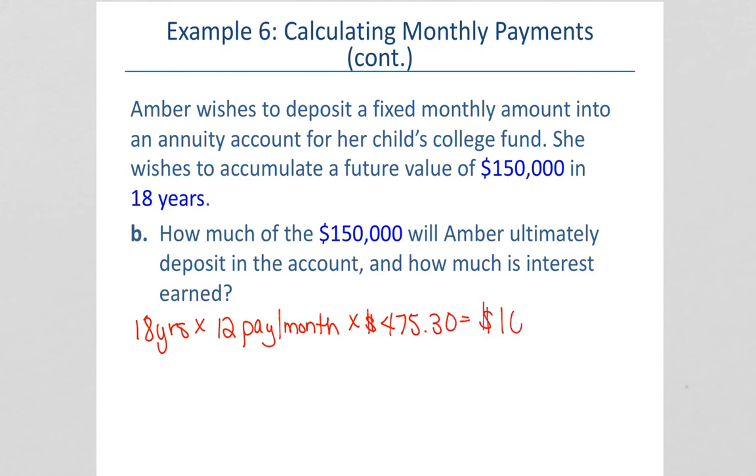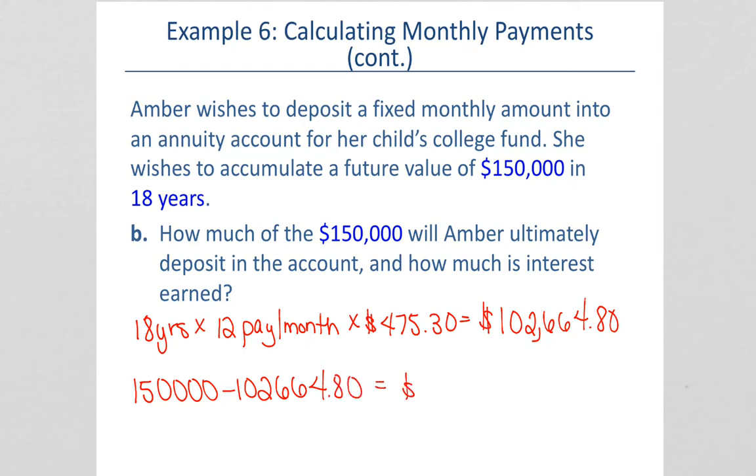She's depositing $102,664.80. So how much was that of interest? She's gained $150,000. So we'll subtract off this amount that she's deposited. And in interest, she has gained $47,335.20.